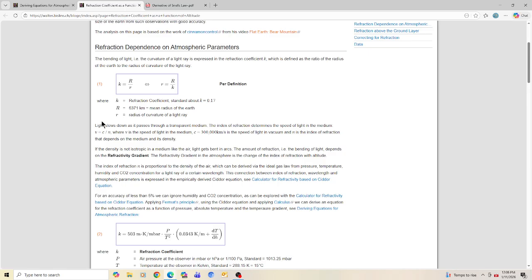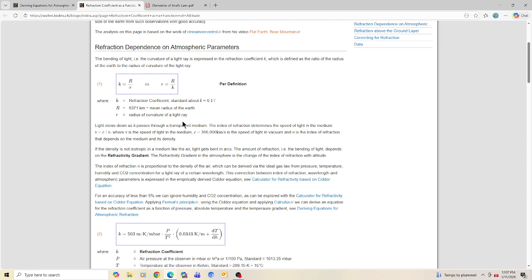This is not a braking force. The light goes from a certain speed to another speed. It doesn't continue to slow down unless it enters a denser medium. If it continues to enter a denser medium, it's going to continue to slow down. If it leaves that denser medium and enters into a less dense medium, it will speed up.